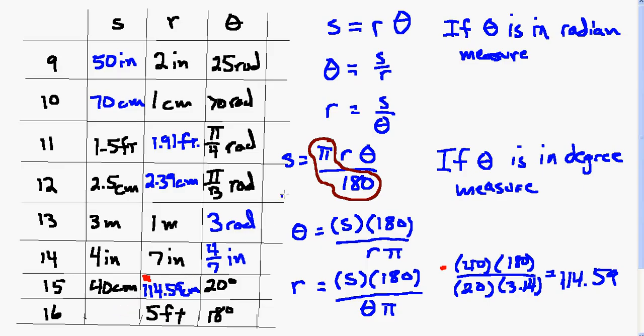So all I have to do is go pi times radius, which is 5, times degrees, which is 18. Take that answer, divide it by 180, and I come up with approximately 1.57 feet.